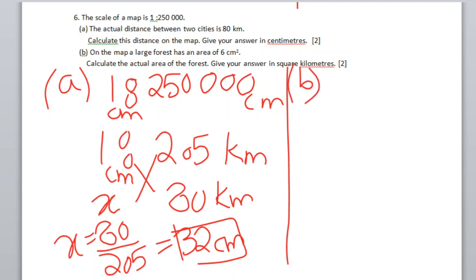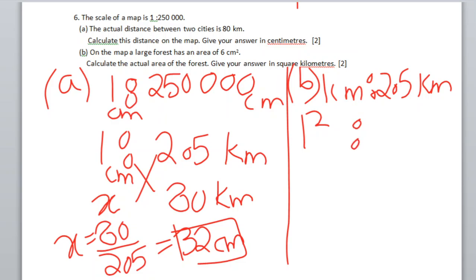Part B. On the map, a large forest has an area of 6 centimeters square. Calculate the actual area of the forest, give your answer in square kilometers. So 1 centimeter represents 2.5 kilometers. Take squares on both sides. 1 square is 1, 2.5 square will be 6.25 kilometers square.